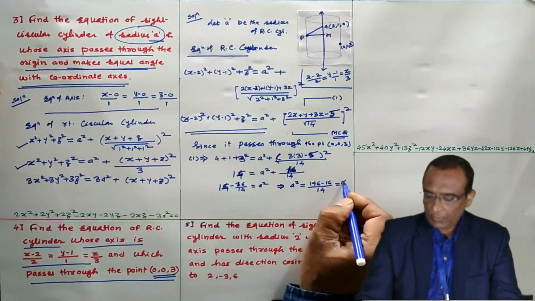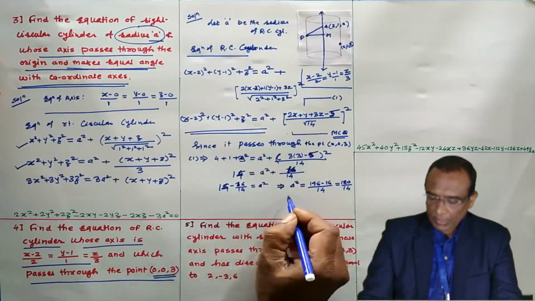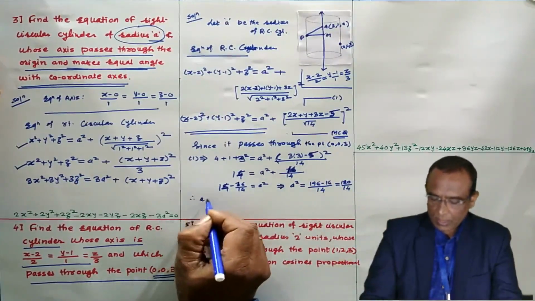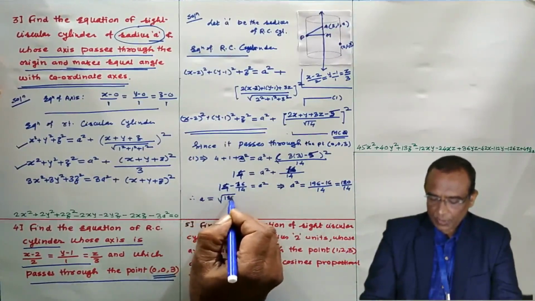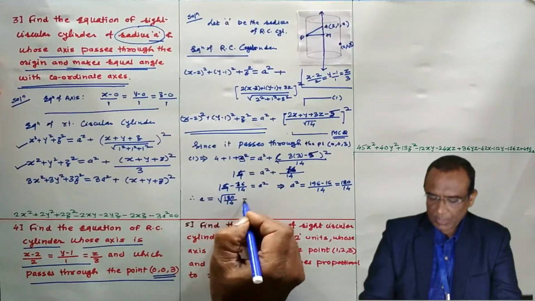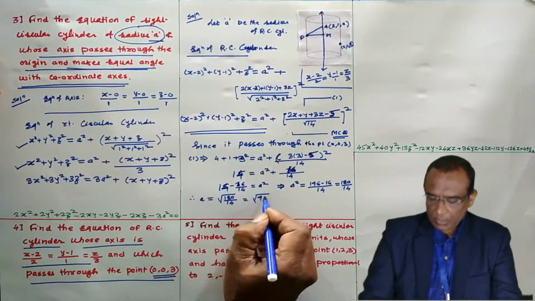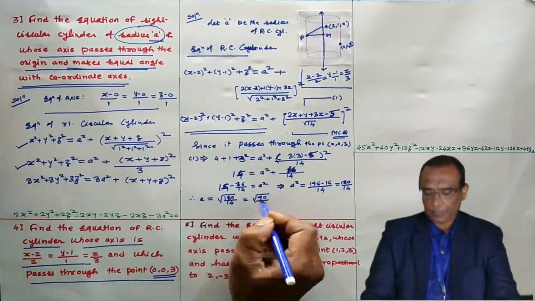This is 180 by 14. And therefore, a is under root of 180 by 14. But this can be written like this also, because 90 by 7 you can write.